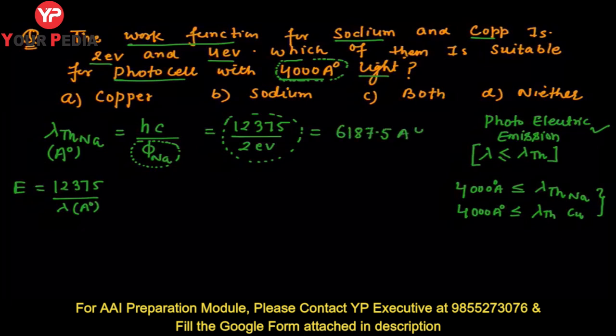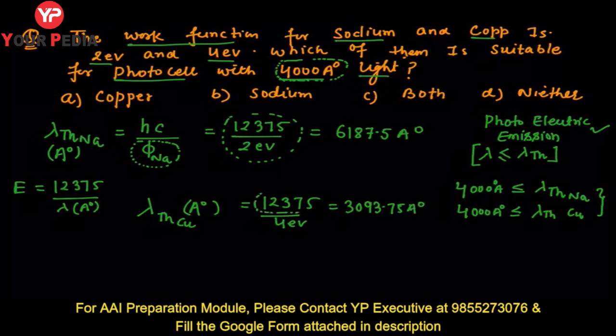If I calculate the threshold for copper in angstrom, that will be 12375 upon 4 electron volt, which will be somewhere around 3093.75 angstrom. You can use this or you can use 12400, it doesn't matter, only slight deviation will be there.